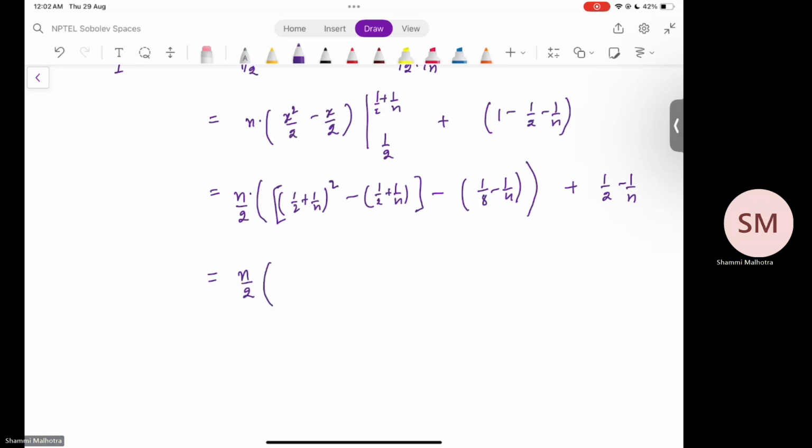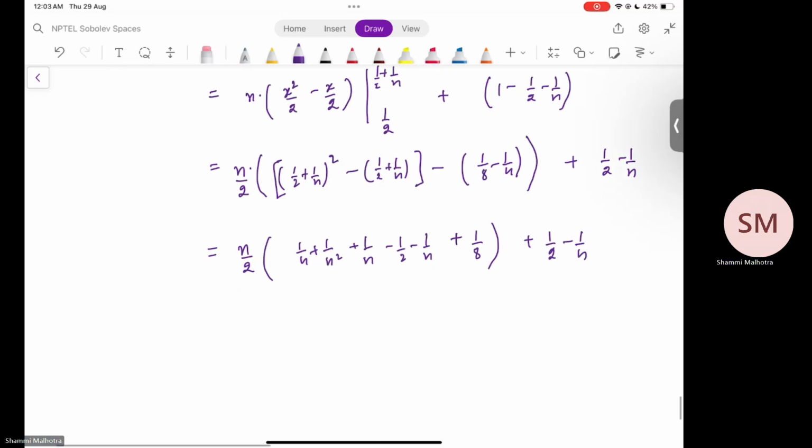It is n by 2 times (1/4 plus 1/n squared plus 1/n minus 1/2 minus 1/n) plus 1/8, and then plus 1/2 minus 1/n. The 1/n and 1/n will cancel out, and the whole thing gives you n by 2 minus 1/8 plus 1 upon n squared plus 1/2 minus 1/n. So again, that is uniformly bounded.